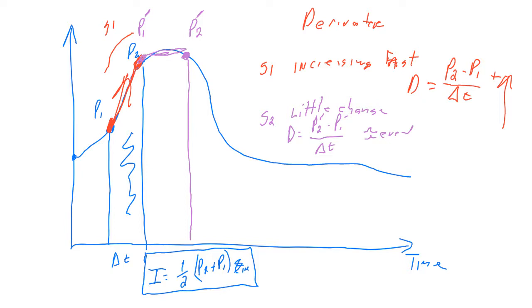Now, do one more here. If we look at green, this becomes P2, and I'll call this P2 bar, and what was P2 is now P1 bar. Now we're looking at how fast it's changing. This is section 3, and for section 3, we get that it's going down fast.